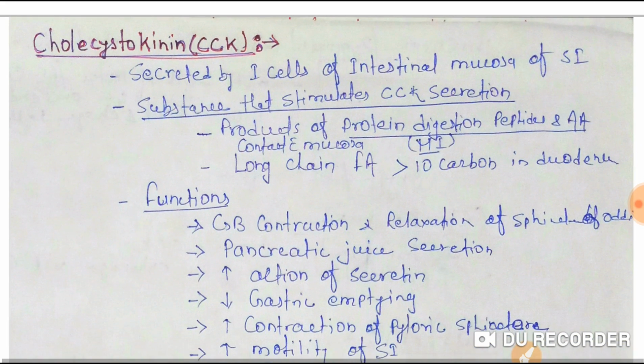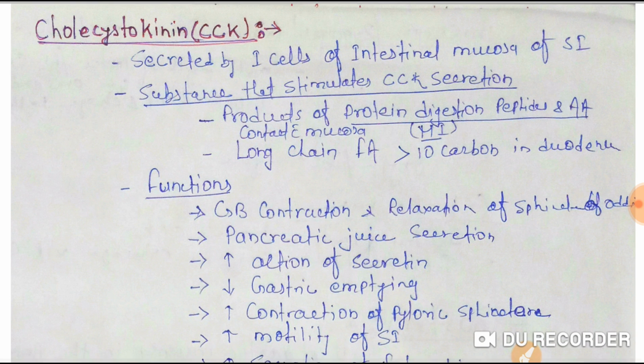Next is cholecystokinin. Cholecystokinin is secreted by the I cells of the intestinal mucosa of the small intestine.